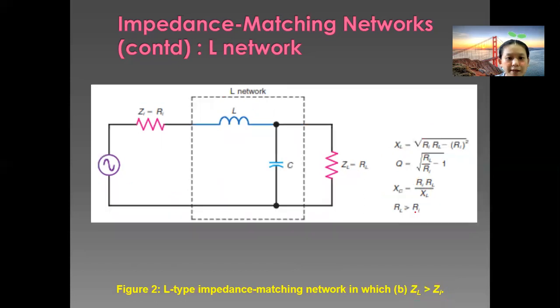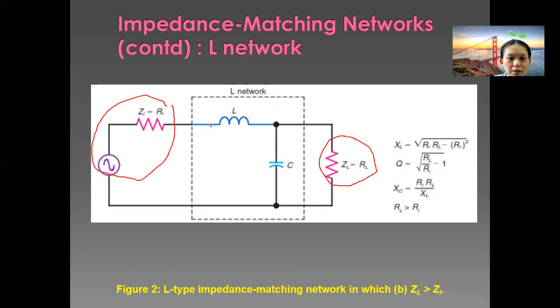The second type of L network is here. We can see the Zin, the input source, is equal to Rin, and this one is our load.